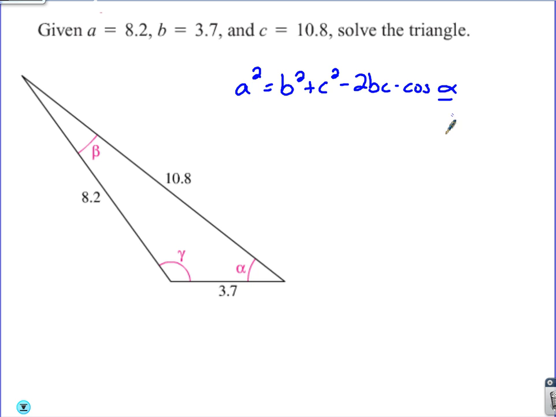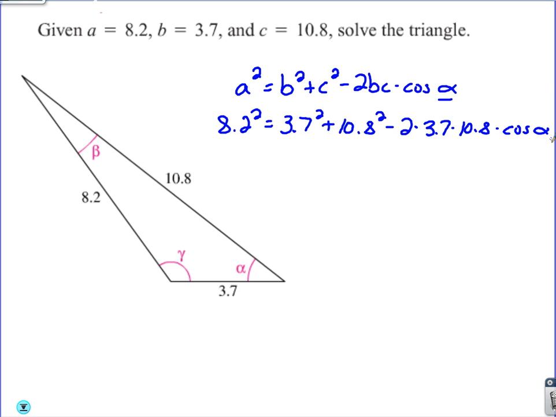With this formula, we're going to look for alpha first. a is 8.2, remember, it's across from alpha. So you have 8.2 squared equals b, which is 3.7, squared, plus c, which is 10.8, squared, minus 2 times 3.7 times 10.8 times the cosine of alpha. Solve it, we're done. It's pretty much just plugging in and then solving.